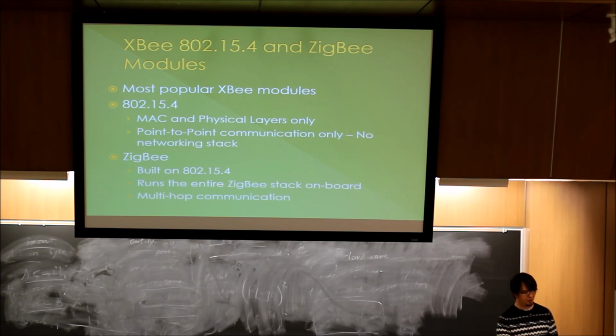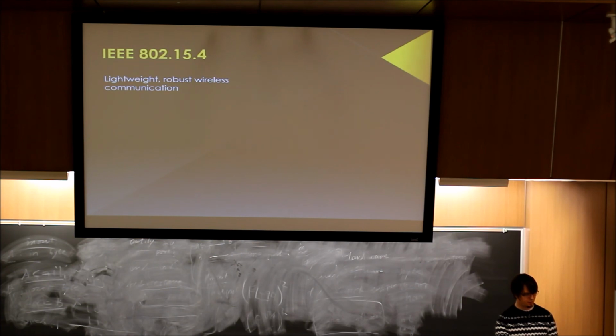The XBee modules themselves contain a small Freescale microcontroller inside, and they've recently introduced programmable modules, but for the most part, you're not allowed to modify the firmware in any way, and they're just dedicated to running the ZigBee stack. And of course, this is a network protocol. It allows multi-hop communication. So let's take a look at the IEEE 802.15.4 standard.